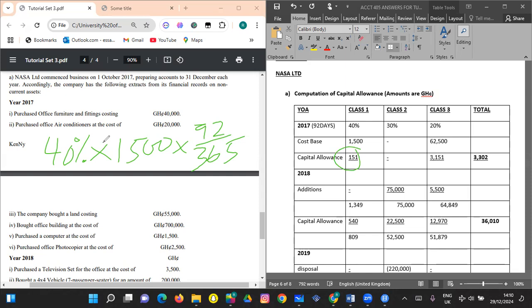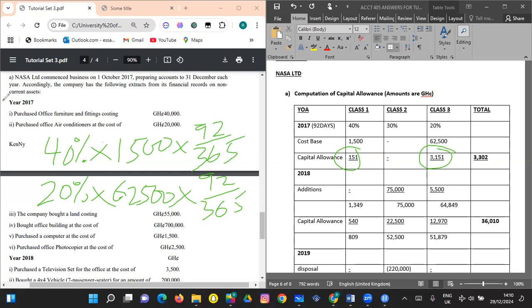Then here we didn't have any class 2 assets. So you have to do 20% times 62,500 times 92 over 365. Then do it, you get this. Remember, all the figures here are rounded to the nearest whole number.